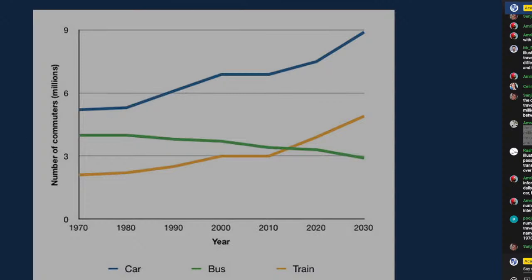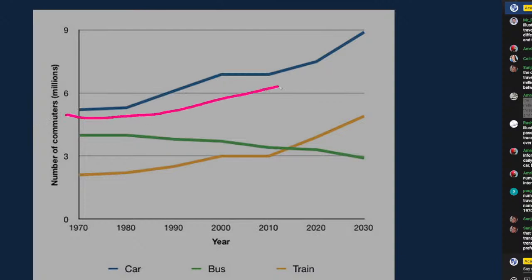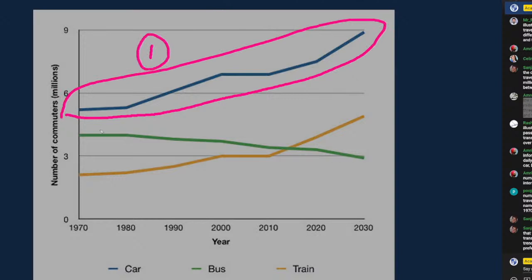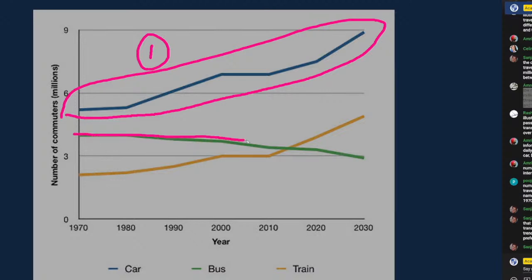All right, so firstly, yeah, here in this line graph, I mean, let's be realistic. Definitely, we can see that car is the most, okay? And we can also see that bus and train are kind of comparable. They have different patterns. So bus decreases over the time period. Trains increase. Okay.